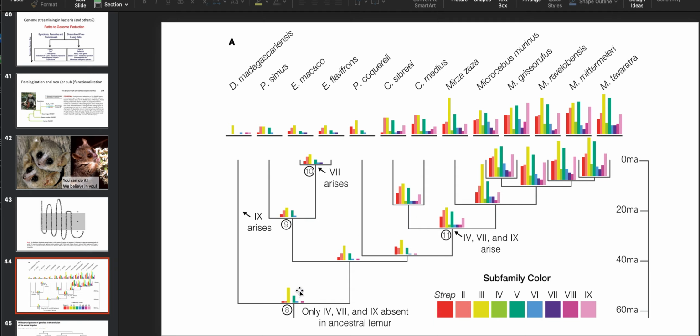And what they're showing in this phylogenetic reconstruction is that there are not as many paralogs in the hypothetical ancestral lemur or in any extant lemurs. But once you get over to the mouse lemurs, they just have a ton of these pheromonal receptors. And these are thought to play a role in speciation and diversification dynamics of this group of organisms. And it probably plays a major role in mate recognition, species recognition.